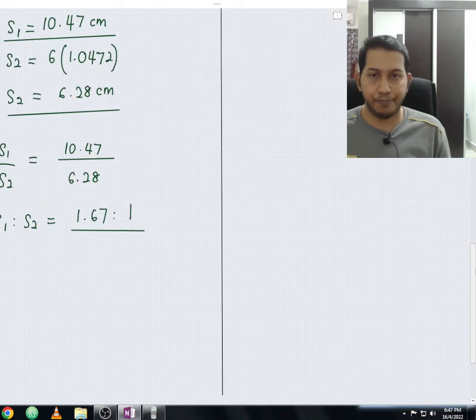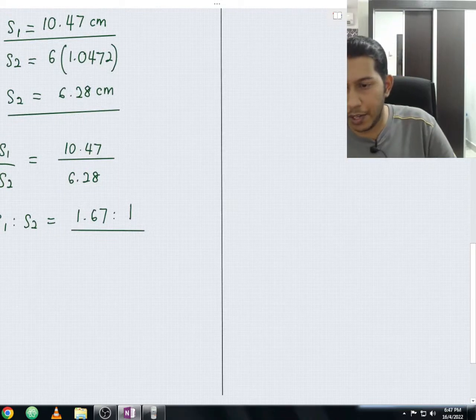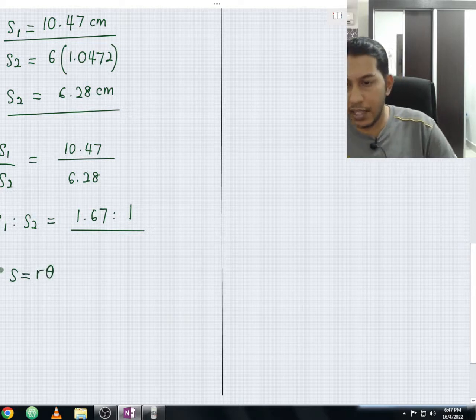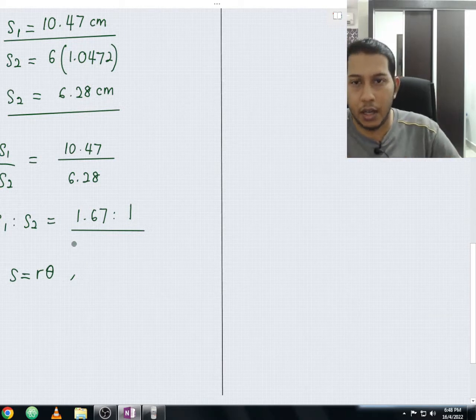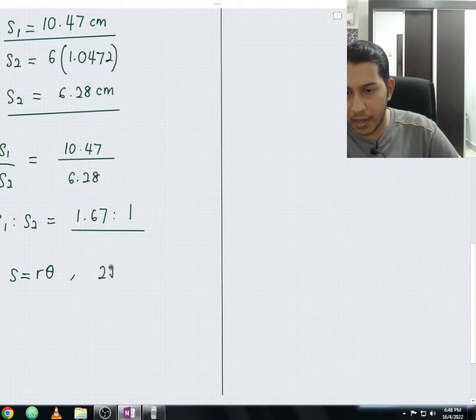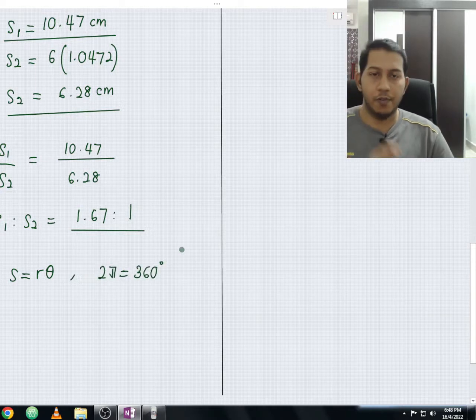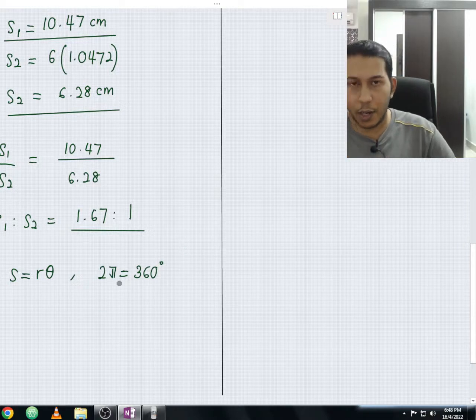So from here, we're going to briefly go through the formula S equals to R theta. In the last lecture you have learned that an important value, 2 pi, is also equal to 360 degree. I hope you still remember this during our radian conversion, guys.